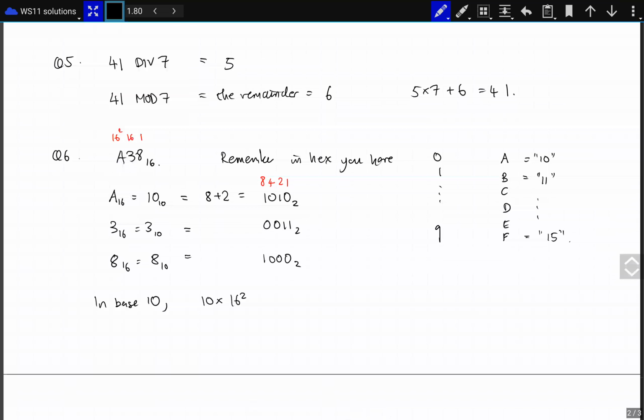And so we had 10 times 16 squared plus 3 times 16 plus 8 times 1. And so what we get is 2616 in base 10. Do a little bit of multiplying out. And the binary is just collecting all these, and that's easy. We just get 1010, 0011, 1000 in base 2.